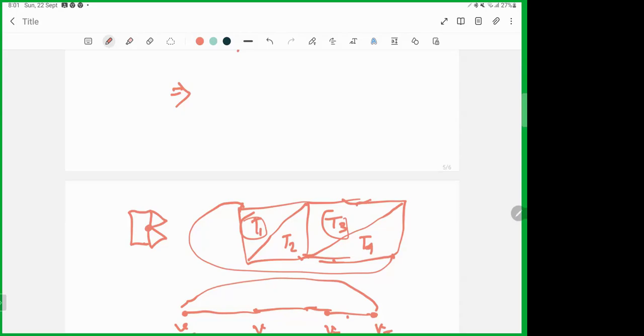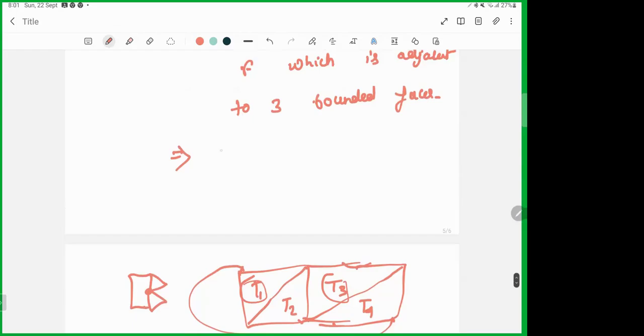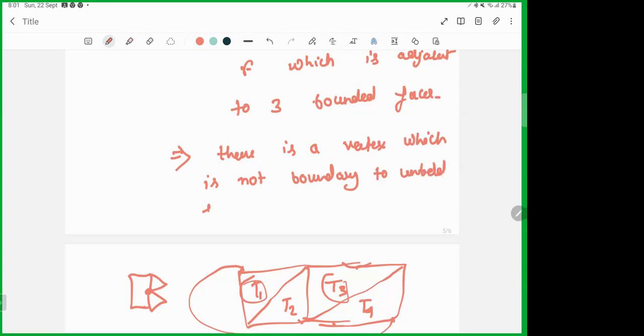So that means there is a vertex which is not on the boundary of the unbounded face. This will imply a contradiction.